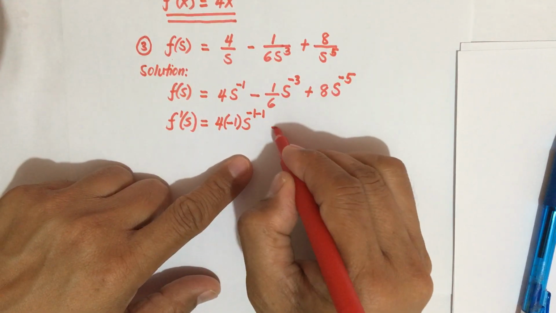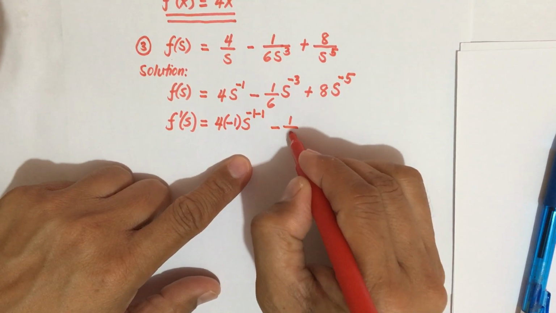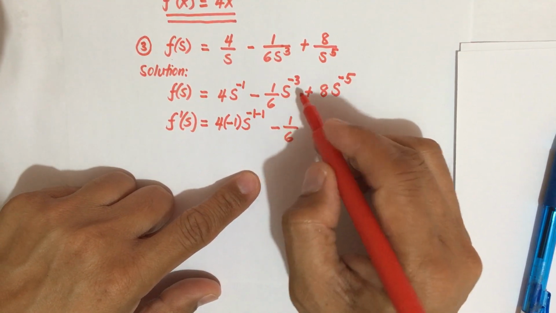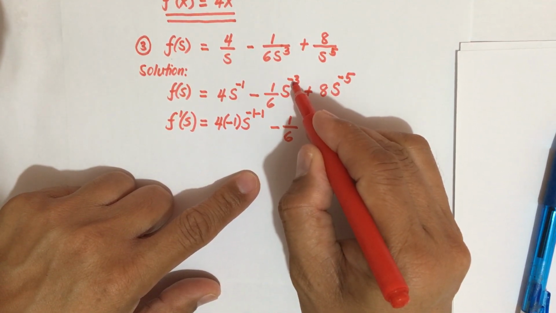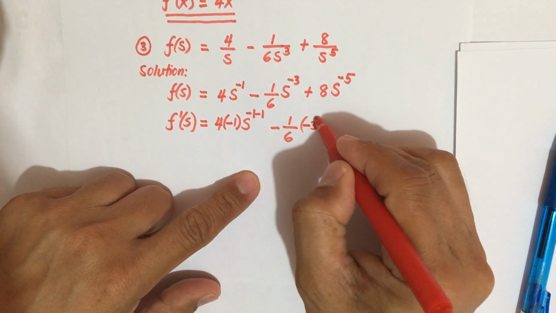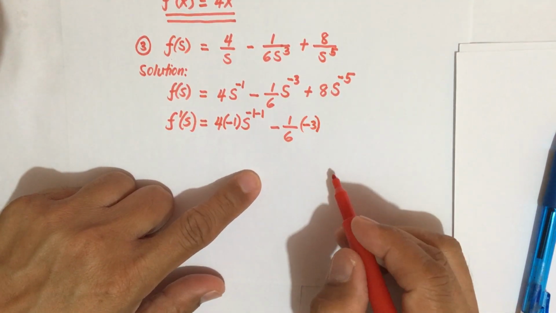Okay, then minus 1 over 6, then we have the exponent or power, you bring it down, so negative 3, so again you have to enclose this with a parenthesis.